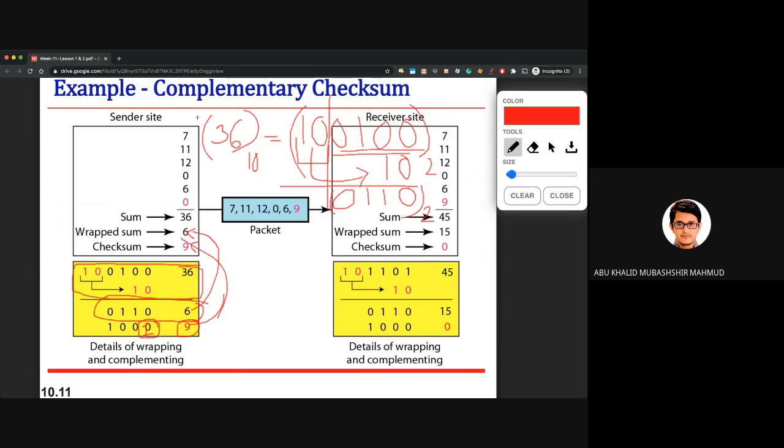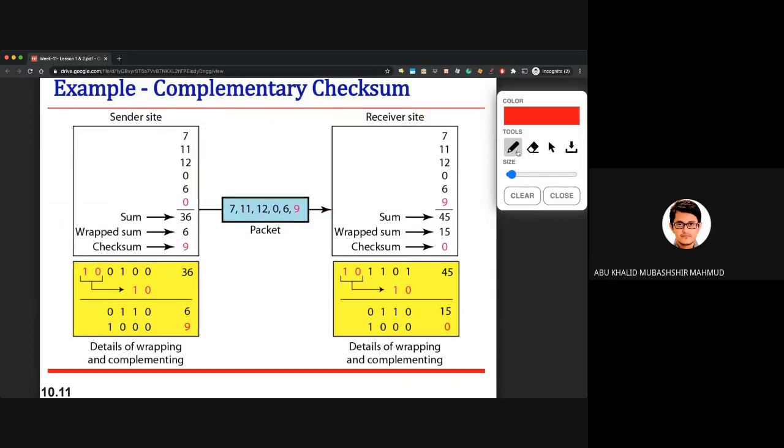When we send from the sender side, we send these numbers and also send this checksum in the packet, and it is received by the receiver side like this. After adding these, we get 45, and the binary representation is 101101.